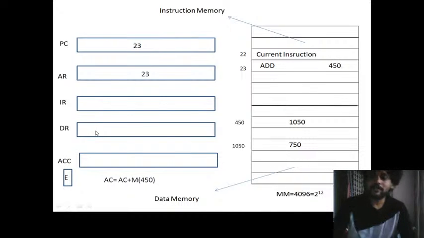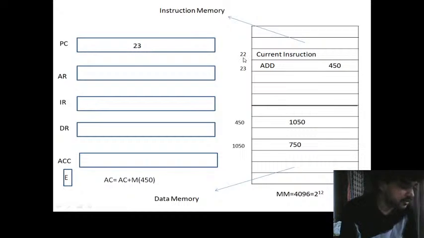Now, let me take you to the instruction cycle. The current instruction is 22 that is being executed. Just talk to me. We're going to complete it within a while. The current instruction is available in the instruction register.